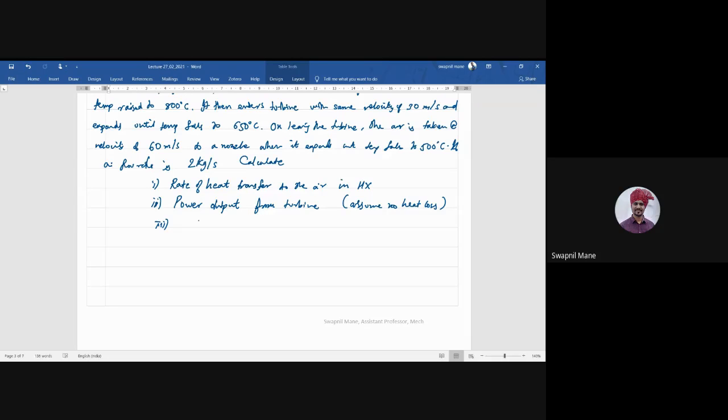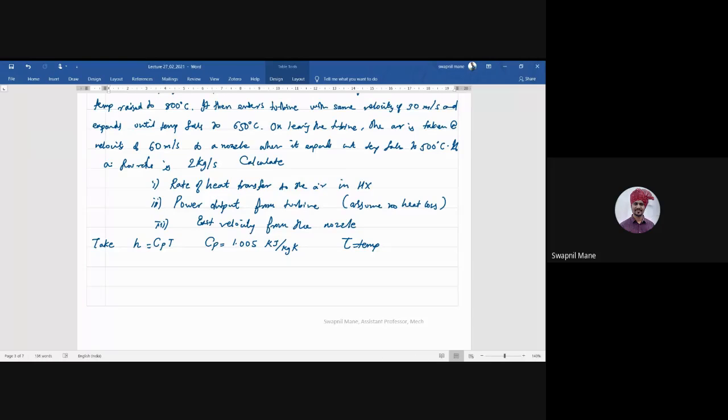Third, the exit velocity from the nozzle. Okay, take the value of H equal to Cp into T, where Cp is equal to 1.005 kilojoule per kg Kelvin, and T is the temperature. Is it okay?